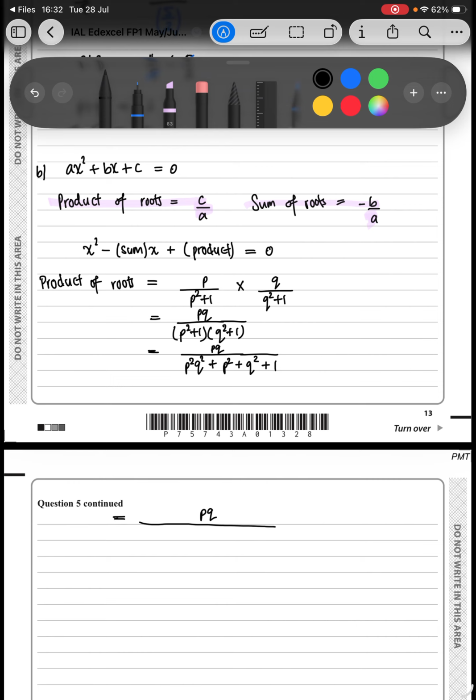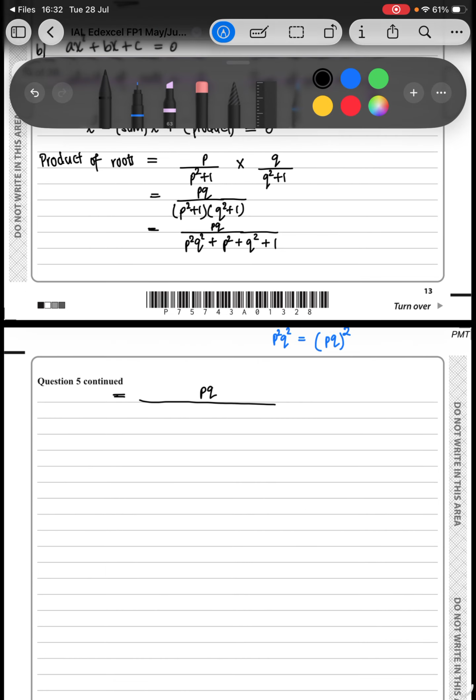PQ over P squared Q squared can be written as PQ whole thing squared. So it's basically this. P squared Q squared is PQ whole thing squared. So let me write that down.